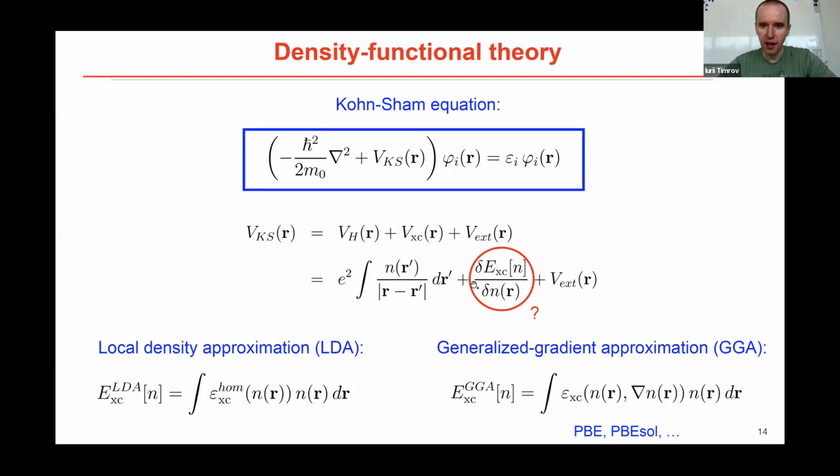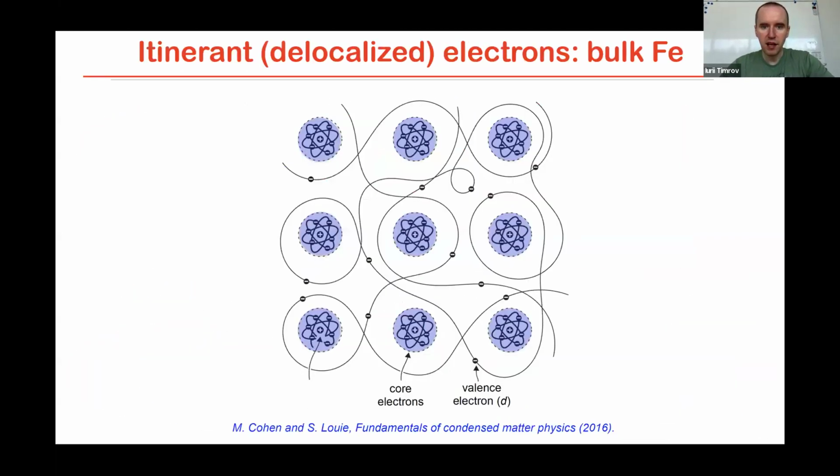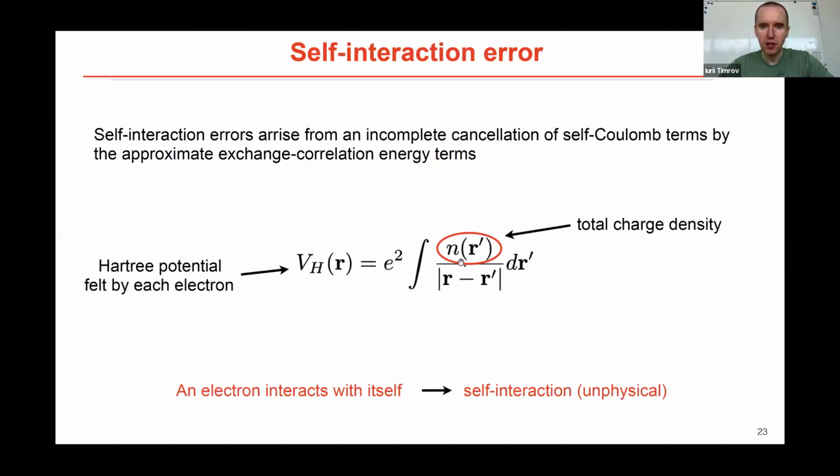It's approximate. And due to this approximation, there is a problem related also to the Hartree potential. So what's the problem? This is the Hartree potential. It's an integral of the total charge density divided by r minus r prime, so the Coulomb potential. So what is the thing here? The thing is that this is the total density, right?